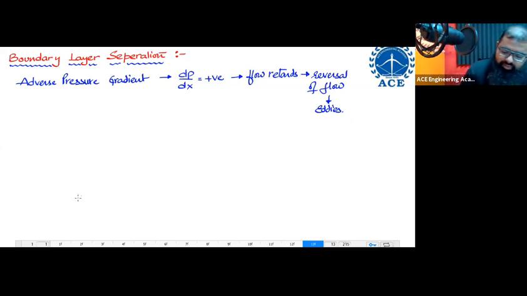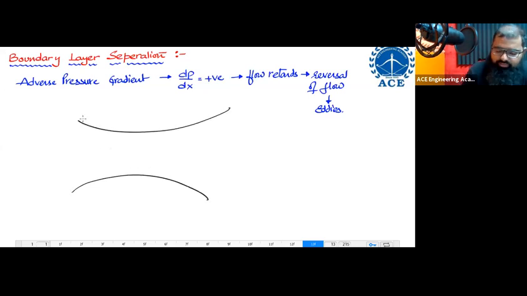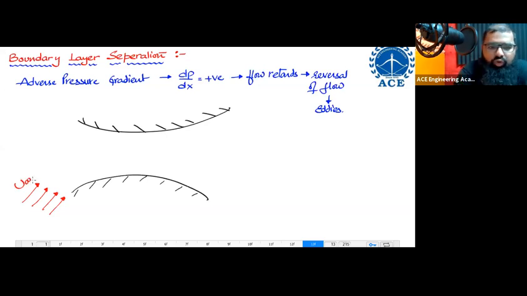Imagine that you are having some surface like this, and over here you are allowing some fluid to flow. Let us say the fluid is flowing with certain velocity u infinity. Now, as the fluid flows forward, please observe, from here to here, what is happening?